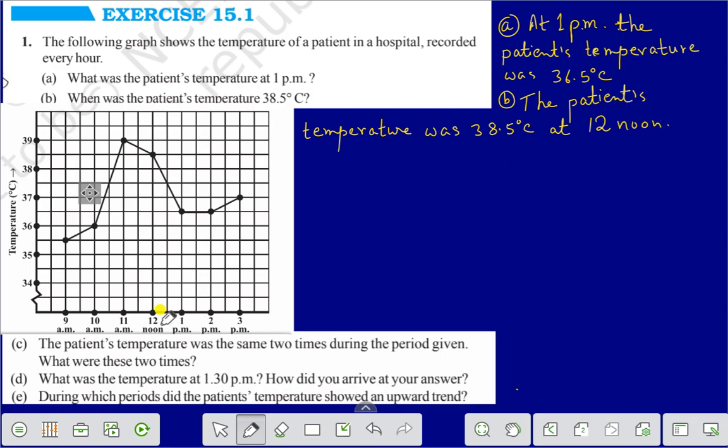Well, here you see this is 12 noon and this temperature is 38.5, this one 38.5.